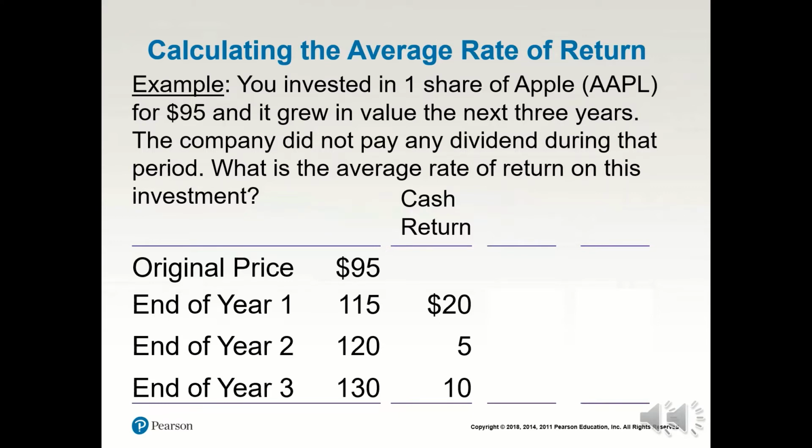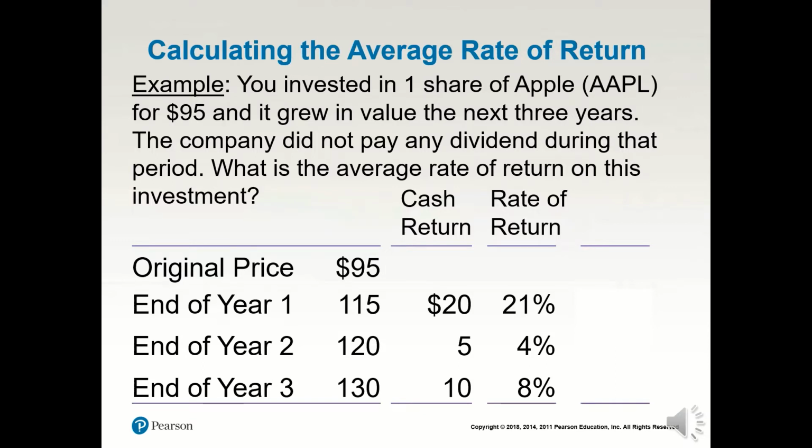Here we're going to calculate annual rates of return. The first one is 21%, which we've worked from before. That takes the $20 and divides it by the original investment of $95. In year 2, you can see that we have a 4% rate of return.